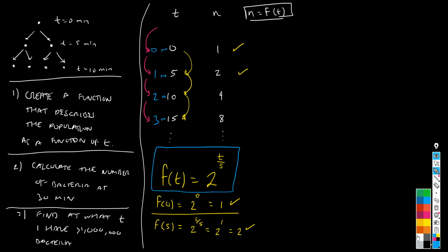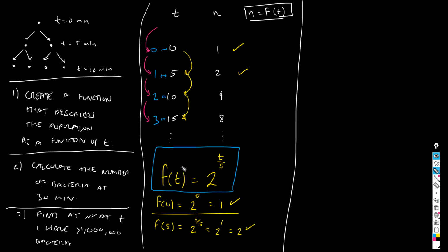Okay, let's go to the other 2 things, which are very easy. So now that we have the function, which is the difficult part in any mathematical problem, you see, it's getting the model. The rest of the calculations are easy. Once we have the model, the rest is a piece of cake. Number 2, calculate the number of bacteria at 30 minutes. I just have to use my function. By the way, this was 1, this is 2. I evaluate the function in 30 minutes.